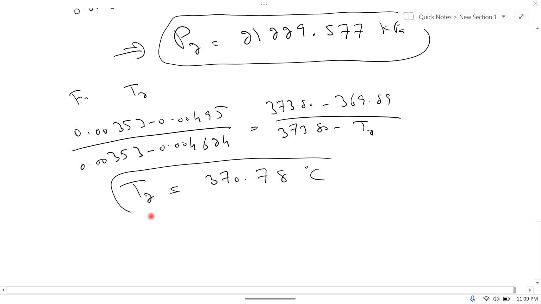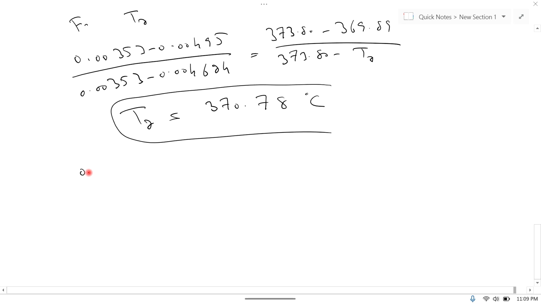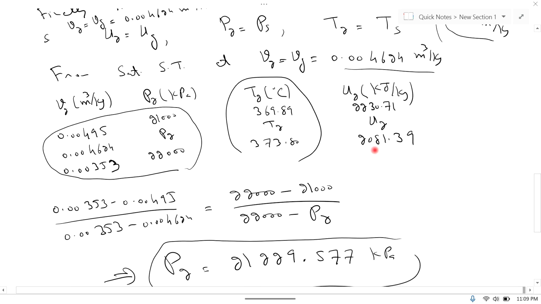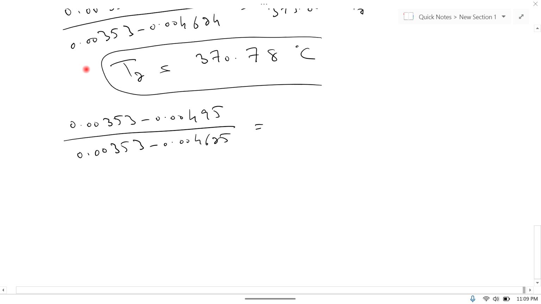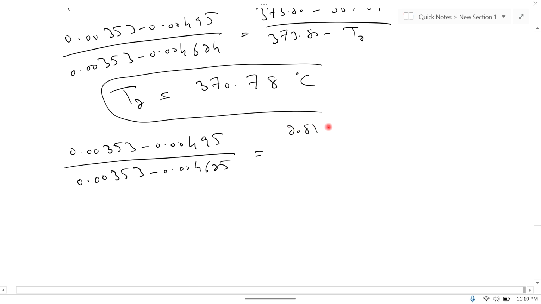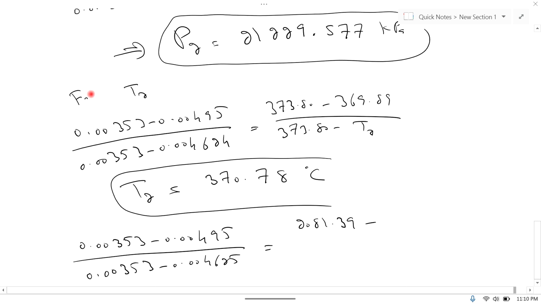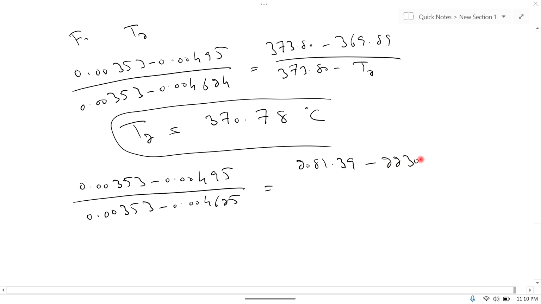And for U2, third value 0.00353 minus first value 0.00495, divided by third value minus second value, is equal to 2081.39 minus 2230.70 divided by 2081.39 minus U2.